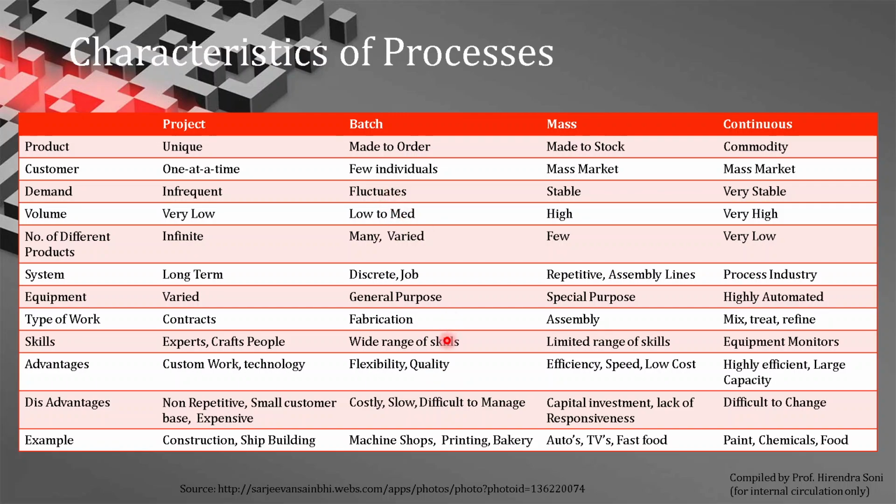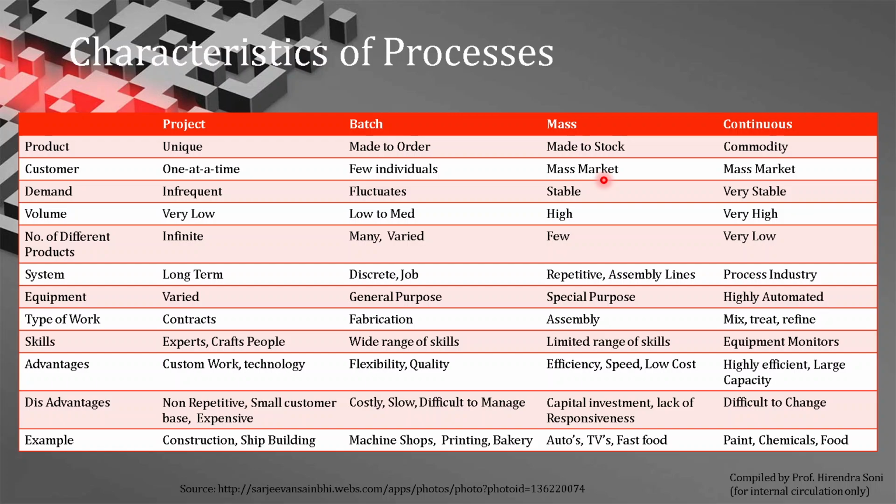Okay. When we talk about mass manufacturing, the objective is to take advantage of the economies of scale. It is definite that the demand for the product is definitely there.